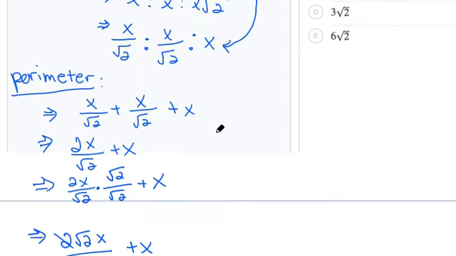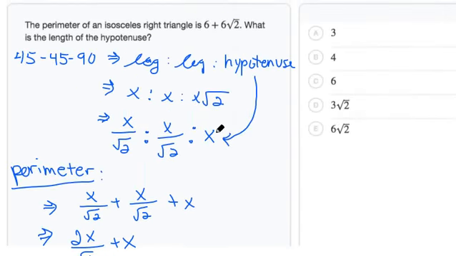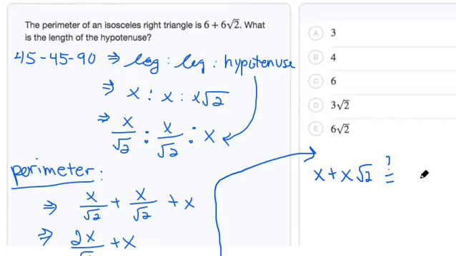So pulling this back up so that we can see our original question, I'm going to take what we had down here and pull that all the way up. We had x plus x square root of 2 as our perimeter, and we're looking at how this will equal 6 plus 6 square root of 2. Even just comparing, the x's are in the right place, so if x is 6, they're equal to each other.